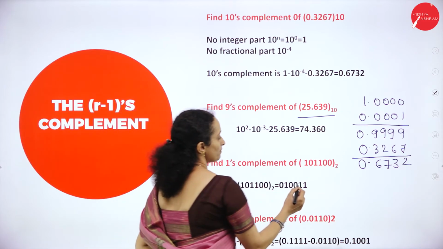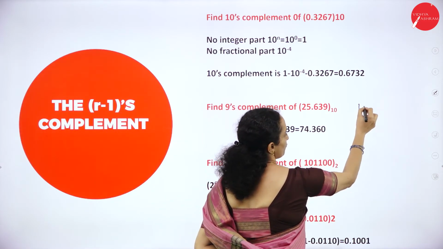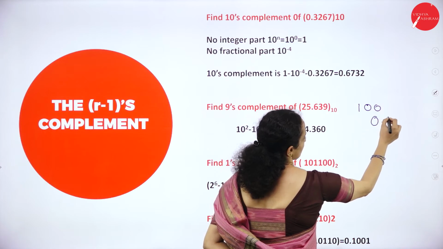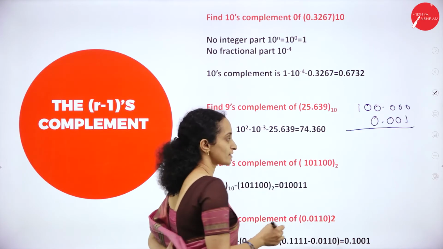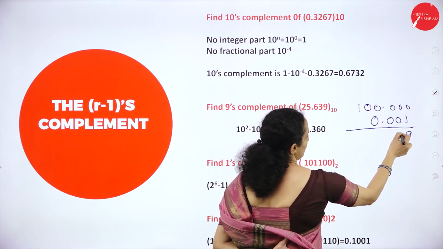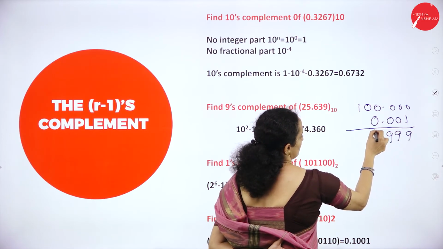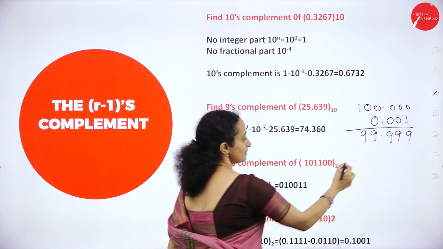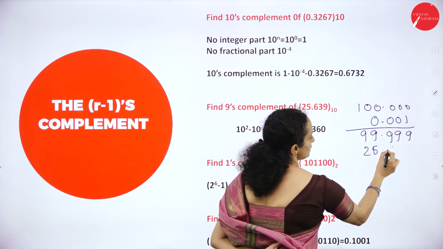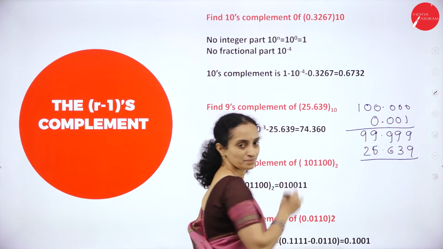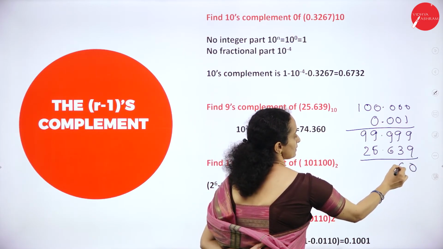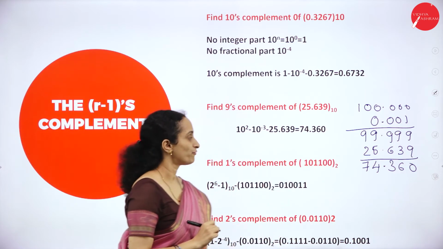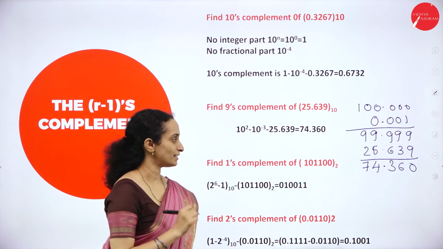The calculation is 100 minus 0.001, which results in 99.999. Then 99.999 minus 25.639 results in 74.360.